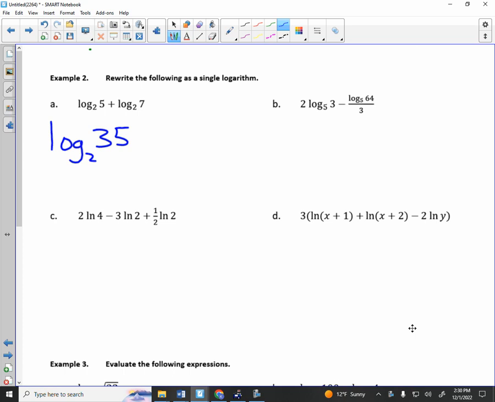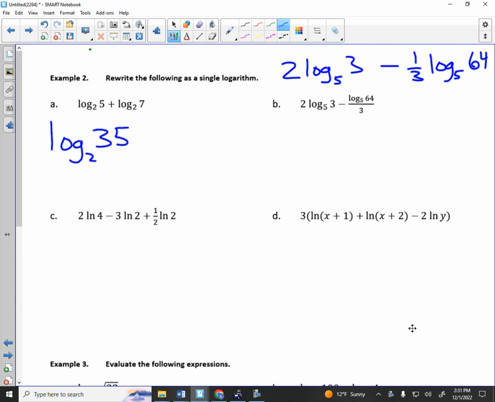What about this one right here? I'm going to rewrite this as 2 times the log base 5 of 3 minus, and then dividing by 3 is the same as multiplying by what? 1/3. So this will be minus 1/3 log base 5 of 64. Okay, so if we rewrite it like that, what do you want to do first?